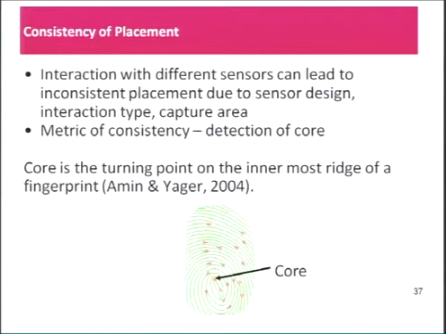Now, what is a core? The core is defined as the point that is on the innermost ridge of the fingerprint, or the point on the fingerprint ridge with the maximum curvature. These are two commonly used definitions of the core.